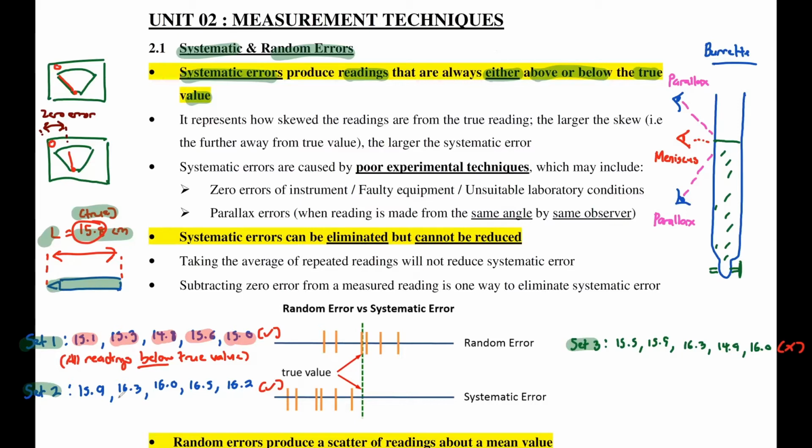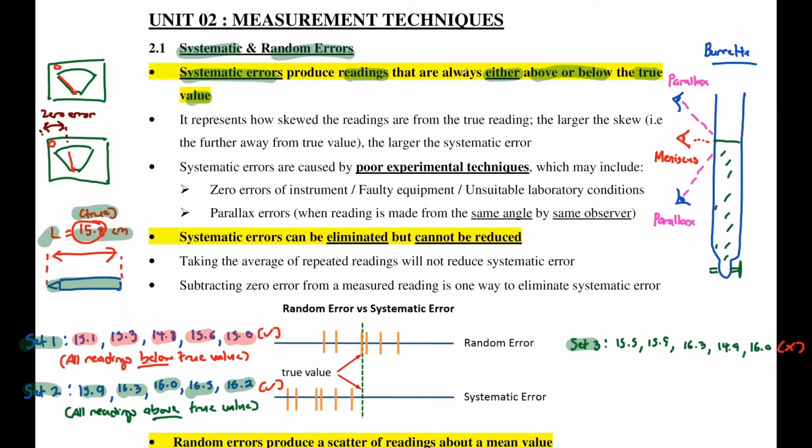For the next set of readings, 15.9, 16.3, 16.0, 16.5, and 16.2, these values are all above the true value. So over here, all readings are above the true value. So again, by definition, this is systematic error.